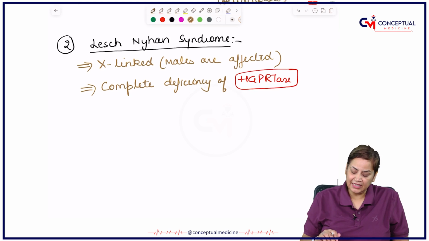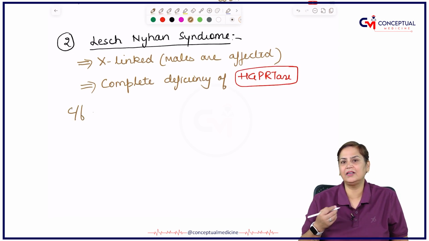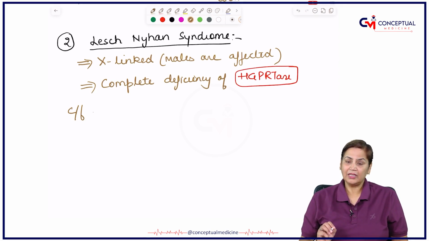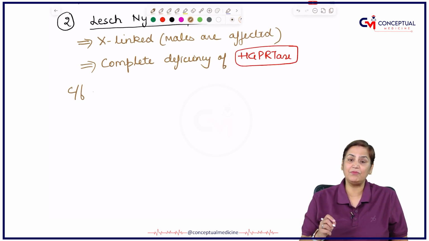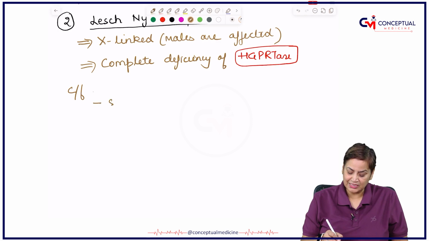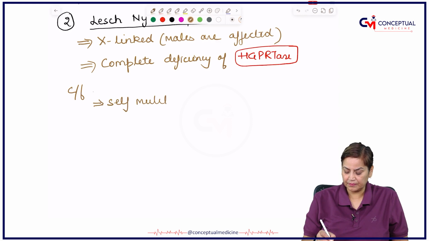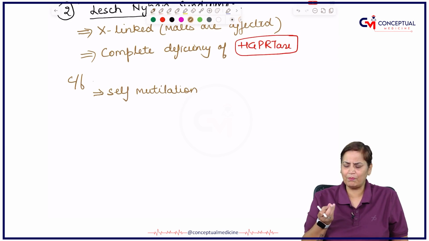The main clinical features in Lesch-Nyhan syndrome are that the male child affected by the complete deficiency of HGPRTase will have self-mutilation, an urge to bite his own fingers and toes. This is very, very important. There is a tendency to bite the fingers and other body parts.